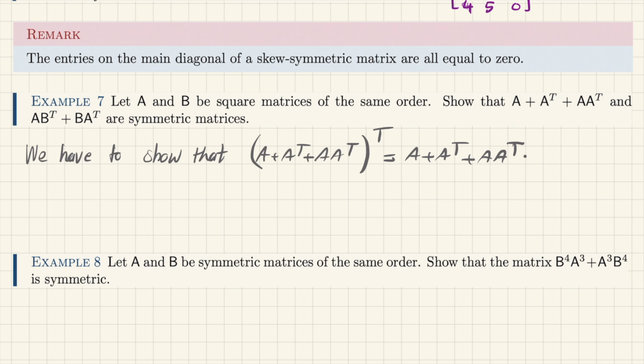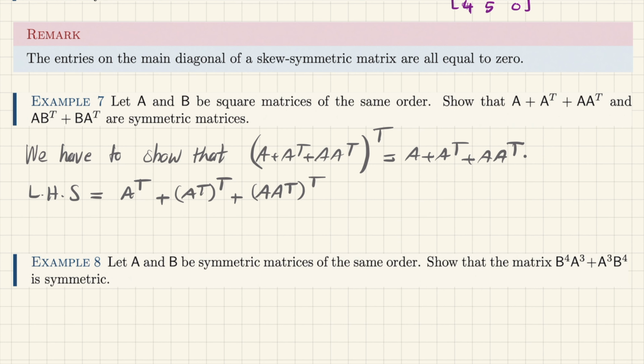Okay, so let me just do that. According to the rules, I have the sum of three matrices and I want to transpose. So I would say the left-hand side, according to the theorem, becomes the first matrix transpose, the second matrix transpose, and the third matrix transpose added. Yes? Are you happy with this? Okay.